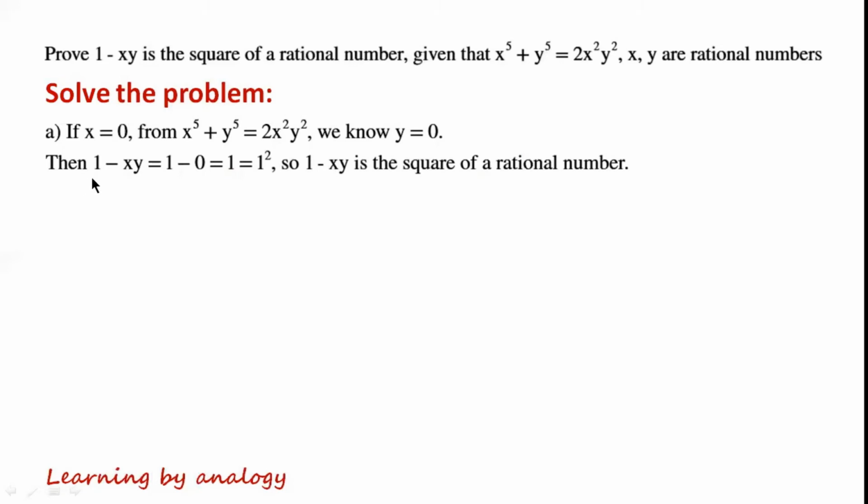Then 1 minus xy equals 1 minus 0 equals 1 equals 1 squared. So 1 minus xy is the square of a rational number.